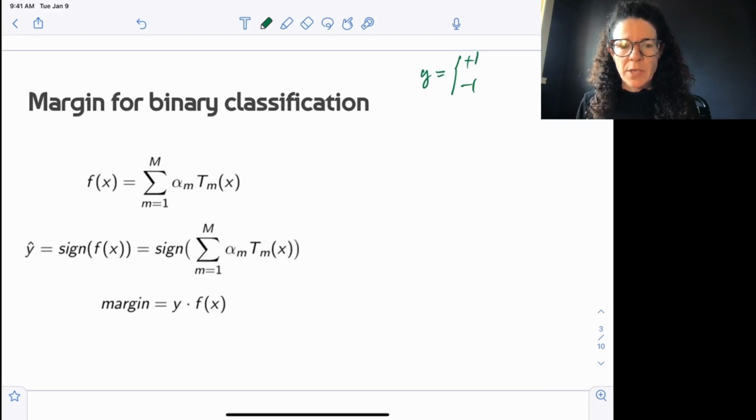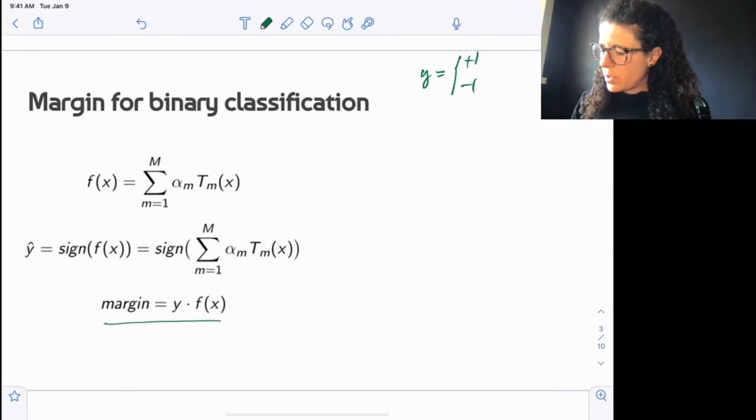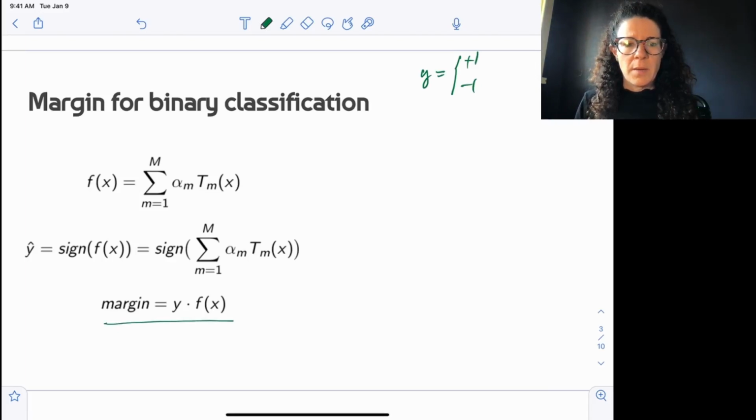Okay, and the margin, which is something we are defining right now, is defined as y times f(x).